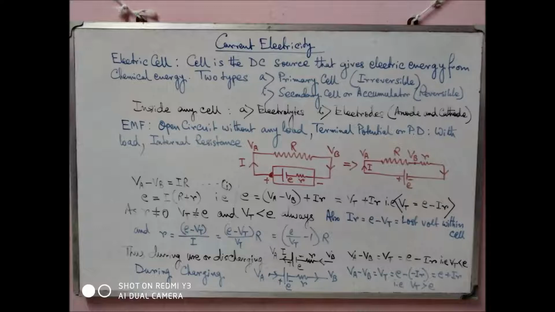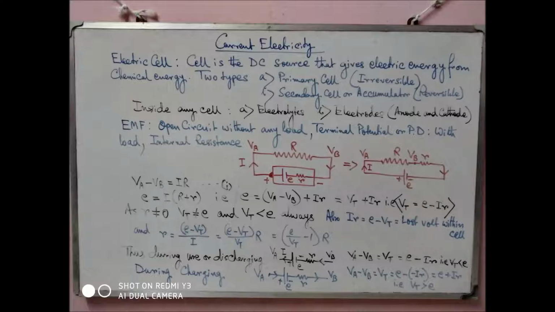These two are known as electrodes. So, whenever there is a chemical change within the electrolytes, the cations and anions are formed and they move towards anode and cathode. Then the chemical energy is converted to electrical energy, and we get a flow of electrons between these two electrodes.